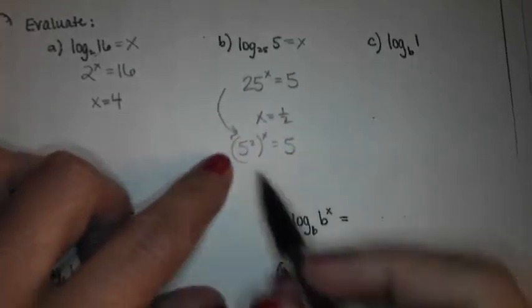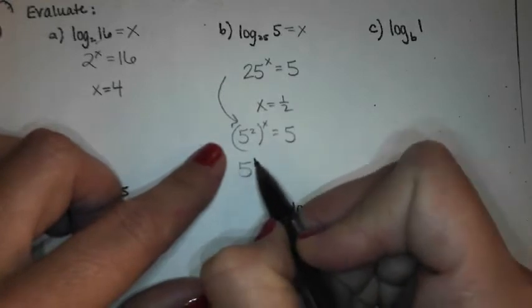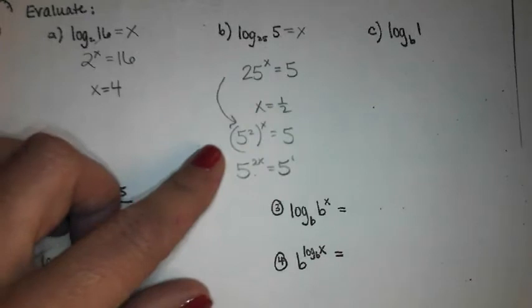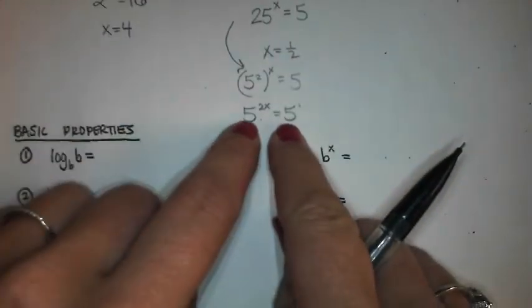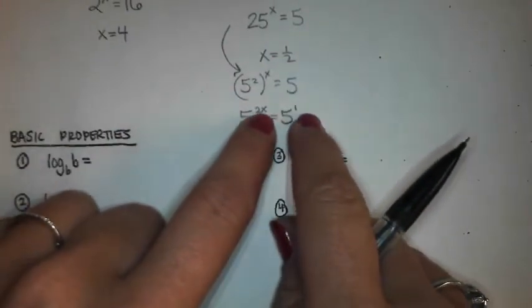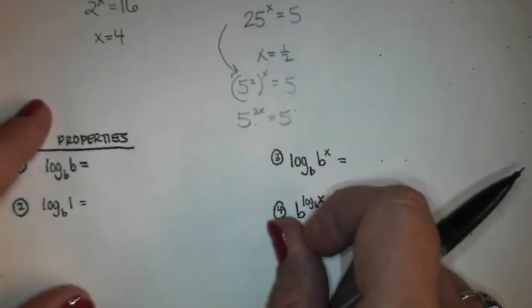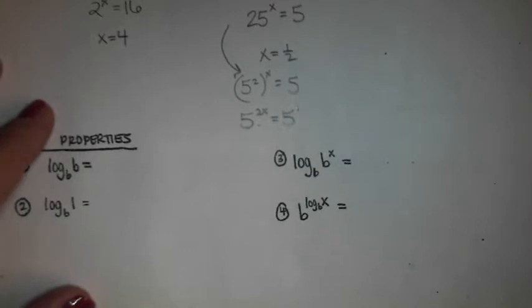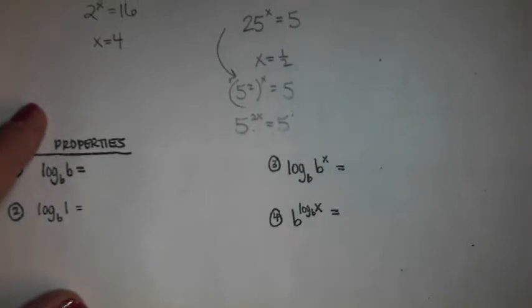Power to power means multiply. And then once you have common bases on both sides, you can just set the exponents equal to each other. 2x equaling 1 is going to produce x of 1/2. Does this make sense? Okay.